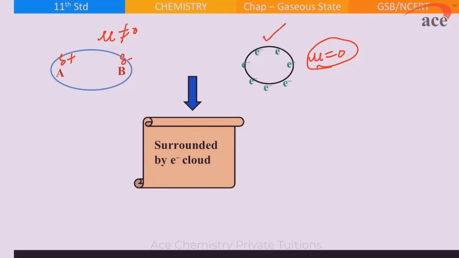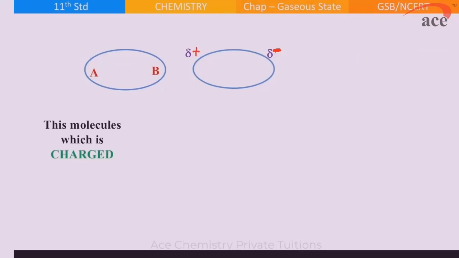So if molecule C comes closer to B, it will rearrange itself in such a way that electrons will go to one side because this is negatively charged. So let's see how it looks. We observe that C is getting charged because of AB.